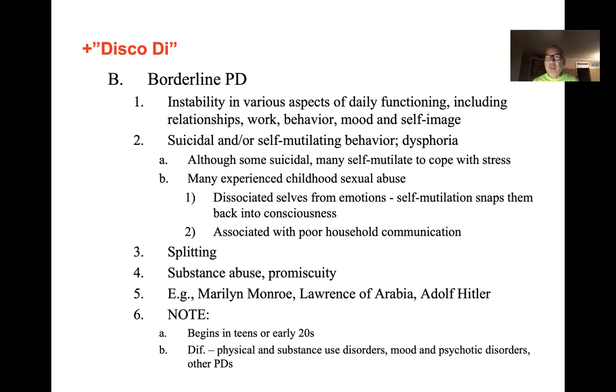Here are some individuals who've been characterized as suffering from borderline PD: Marilyn Monroe, Lawrence of Arabia, Hitler. Okay. It's a very difficult condition to treat, for reasons I think are clear in terms of the behavioral problems.